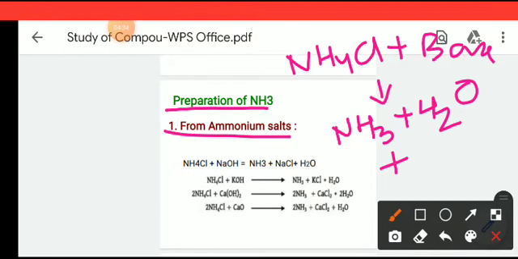If we use NaOH, sodium hydroxide, we get NaCl. If we use KOH, potassium hydroxide, we get KCl. If we use calcium hydroxide or calcium oxide, we get CaCl2. So ammonium chloride reacted with a base gives ammonia, H2O, and then a salt of that base.